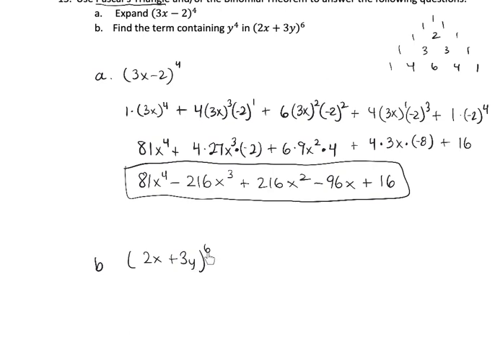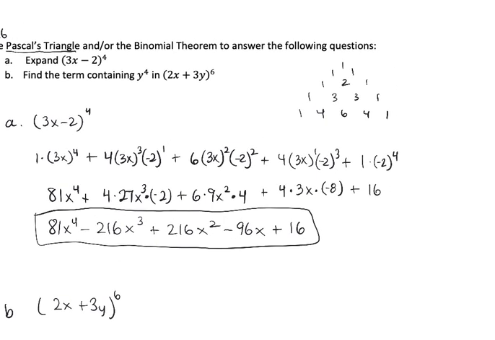Since this is to the 6th power, we need actually a couple more rows here from Pascal's triangle. We need 7 rows because this is to the 6th power. So this is the 7th row. And we need the term that contains y to the 4th.